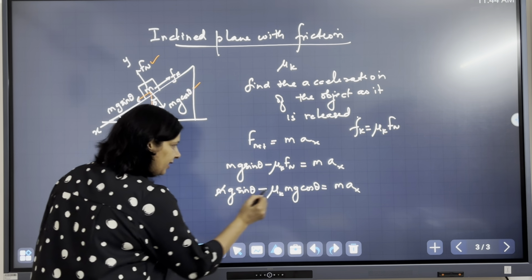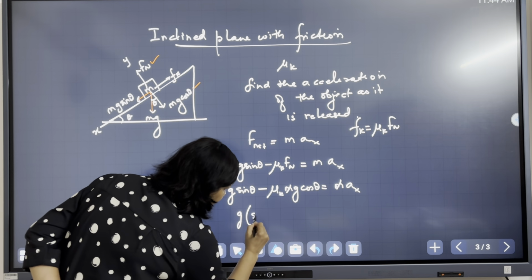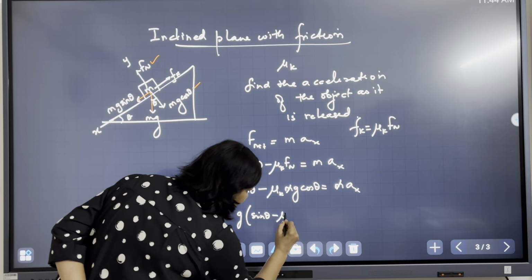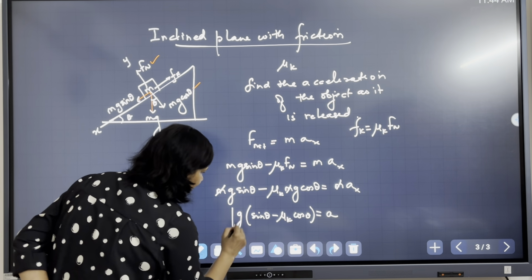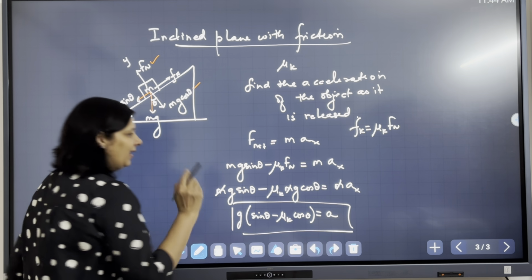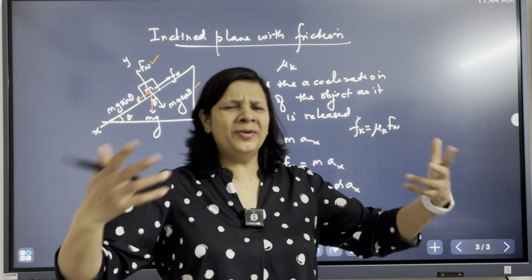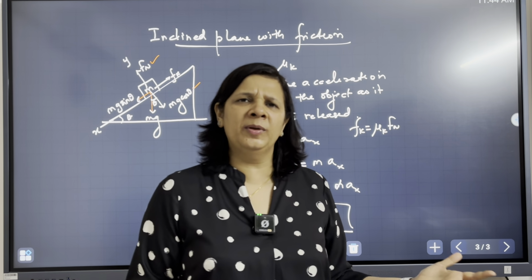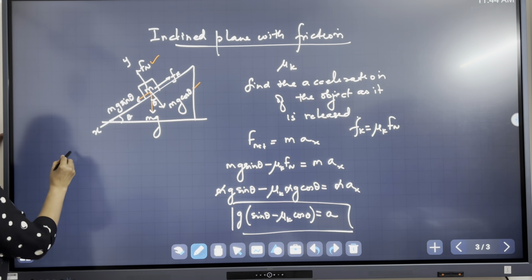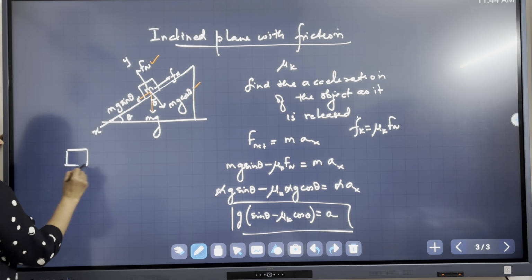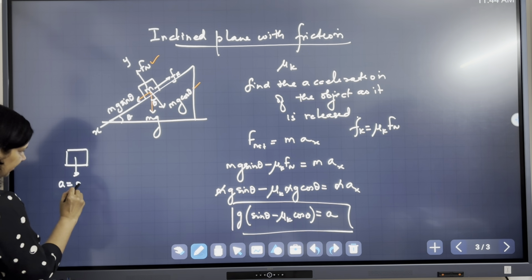Okay, m will cancel. So what will I get? g common, g (sin theta minus mu k cos theta) will be the acceleration. These are the three results which you have to remember. Once you have done a few problems, it will be there. But one should be aware that if an object is dropped vertically, acceleration is g.